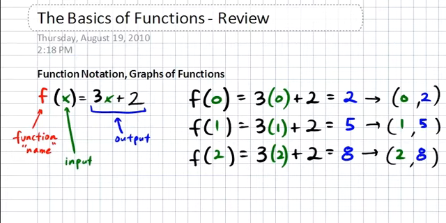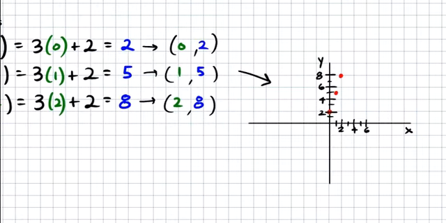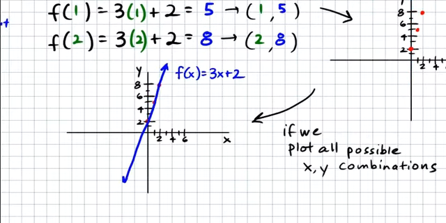So if we wanted to graph those on a coordinate plane, we could. So we have our x, we have our y, which is our f of x. We have (0, 2), (1, 5), and (2, 8). And on our x-axis, we do the x's, and on the y-axis, we do our f of x's.